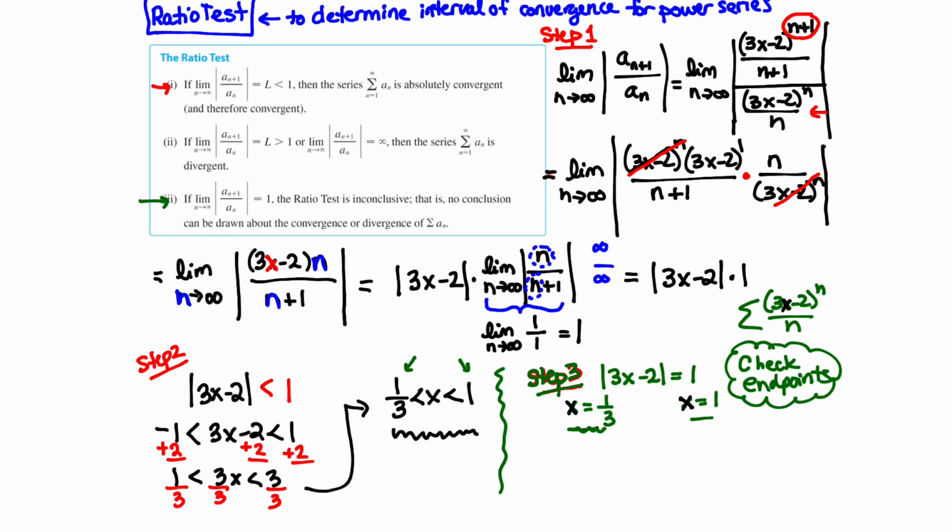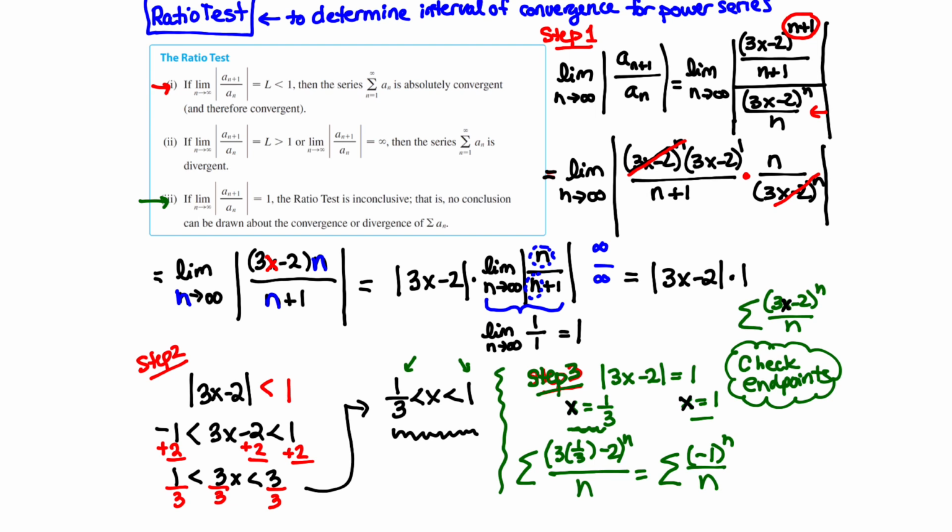So when we put 1/3 back into our original series, we have (3 times 1/3 minus 2) to the nth. What's that giving us? Negative 1 to the n? Is that right? Because 3 times a third is 1. 1 minus 2 is negative 1.